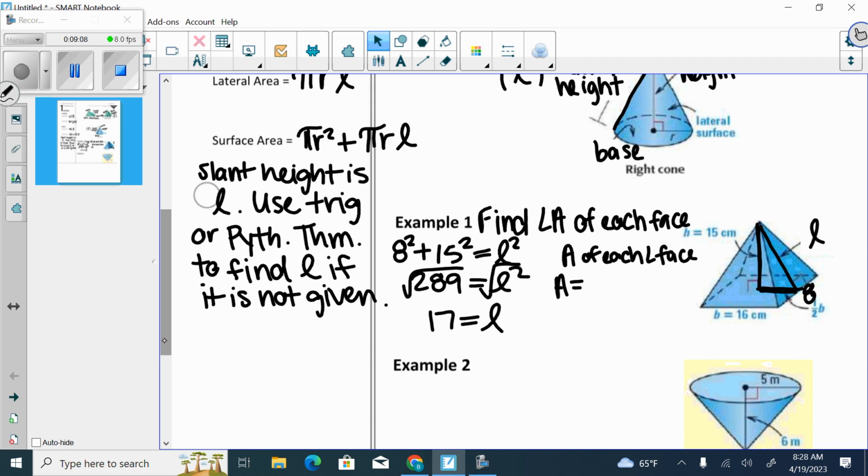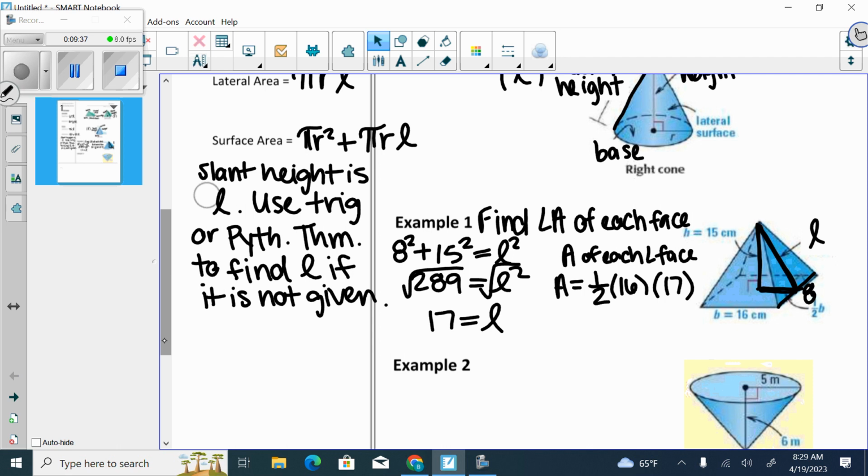And what's our formula for area of a triangle? Very good. 1/2 times the base. What's the length of the base here? 16. Times the height of the triangle, which is really this line here that we referred to as the slant height, right? And what is the length of the slant height? 17. So we have 1/2 times 16 times 17.